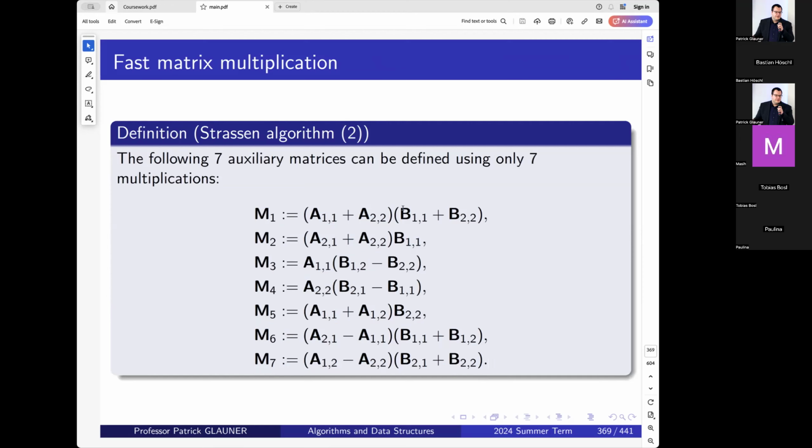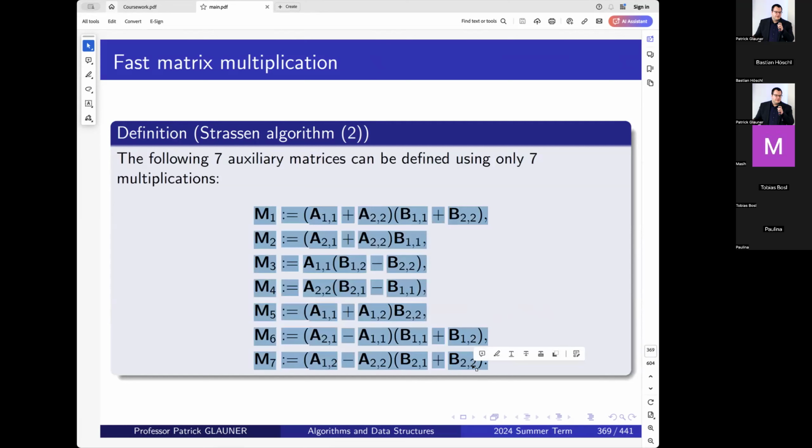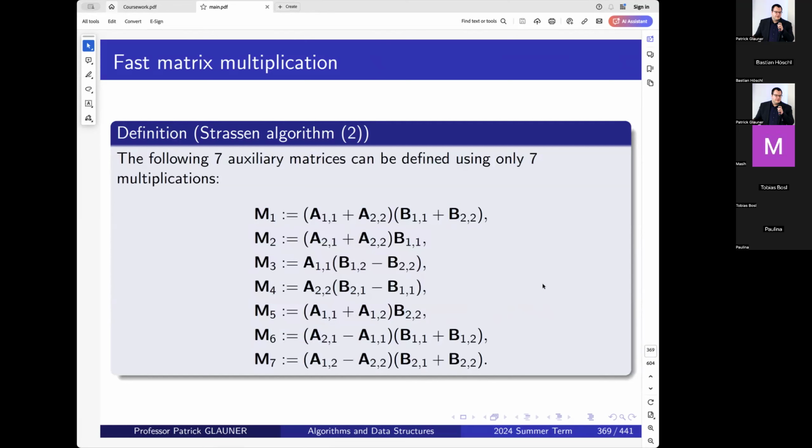And what I notice is that for each helper matrix, I only have 1 multiplication. I have a multiplication here, there, and so forth. I may have more additions or subtractions, but I have fewer multiplications for now. I only have 7 multiplications to create these auxiliary matrices.